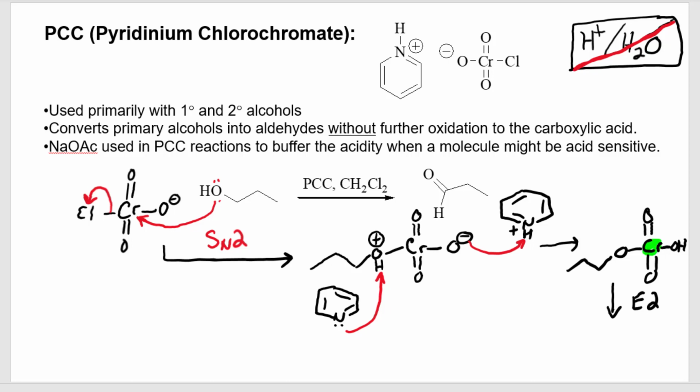Our chromium is going to get reduced, and the carbon next door, the carbon that has the oxygen on it, is going to be deprotonated by the pyridine that's in solution, in an E2 fashion, forming the new pi bond, where the chromium leaves gaining the electrons.